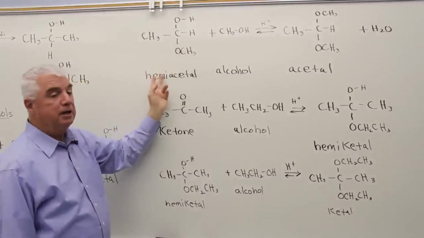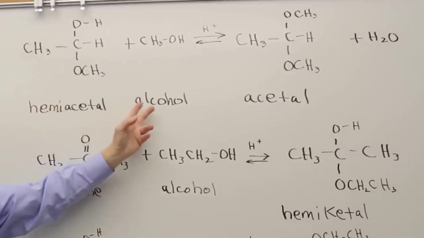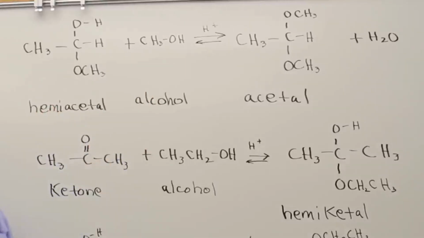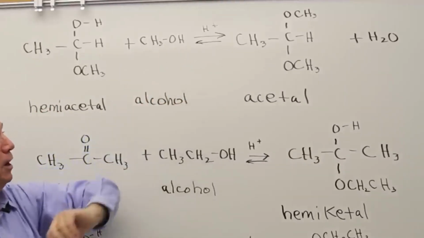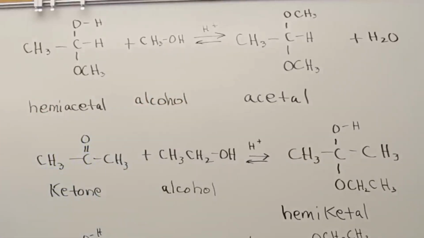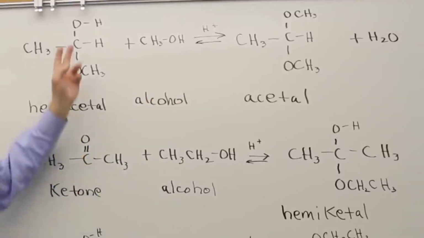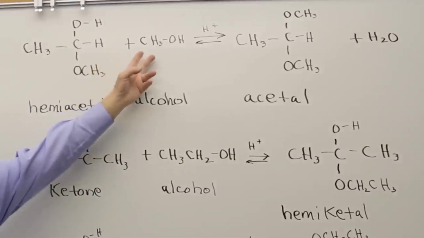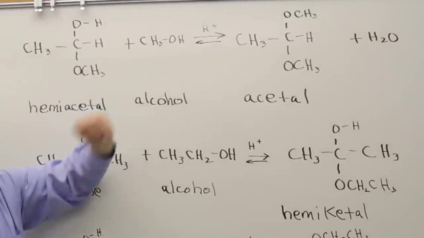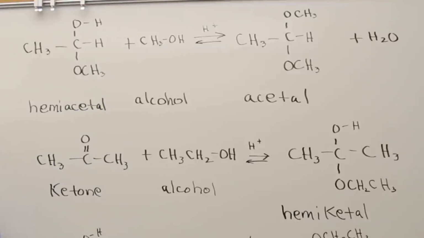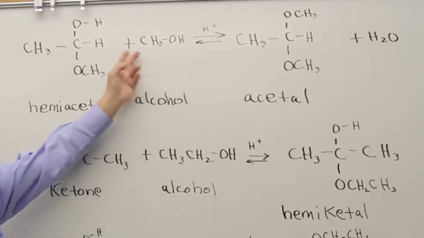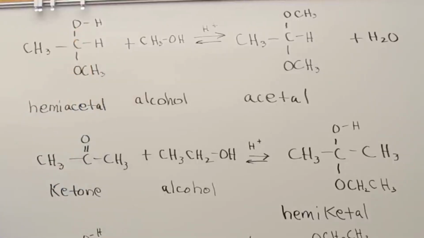Here we've got a hemiacetal going to react with a second molecule of alcohol, a reversible process requiring H+ as a catalyst. And what happens this time is that the OH disappears. It combines with the hydrogen of the alcohol to form water as the second product, and the OCH3 takes the place of the OH.